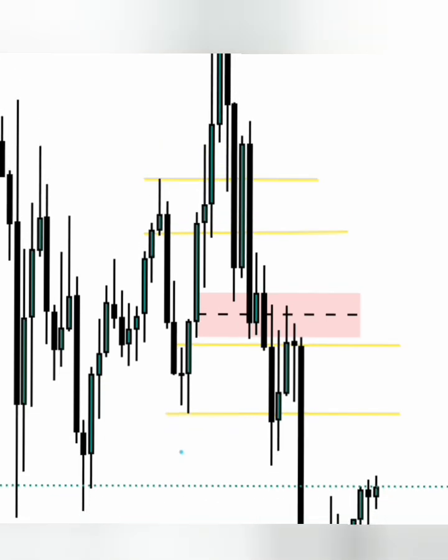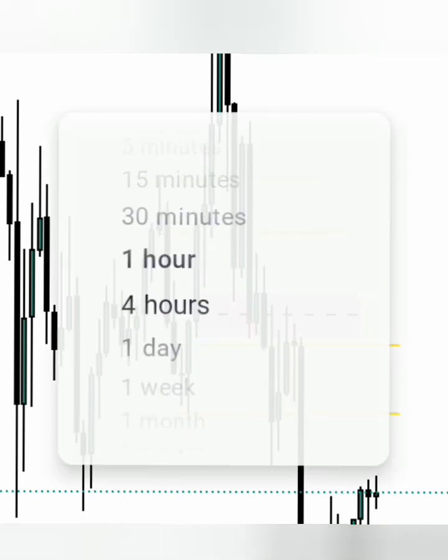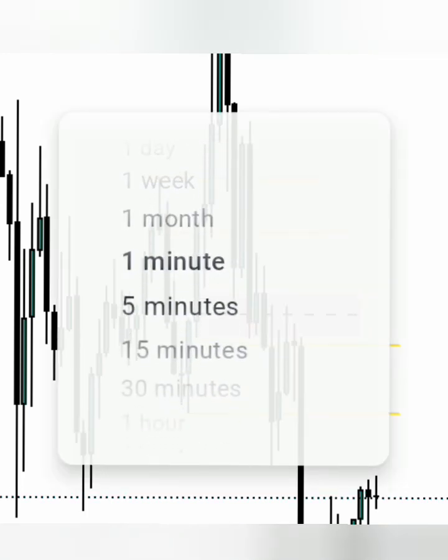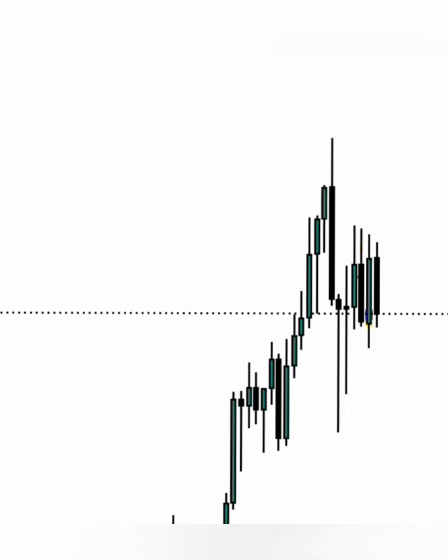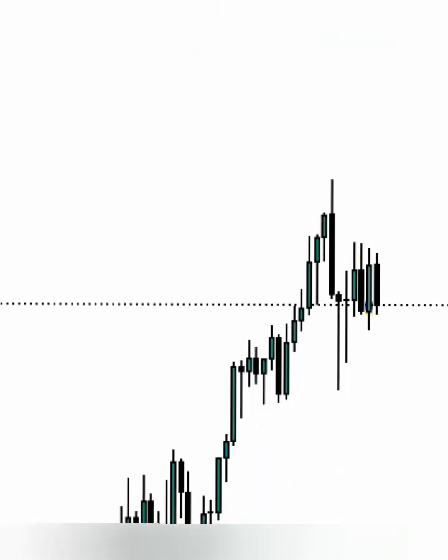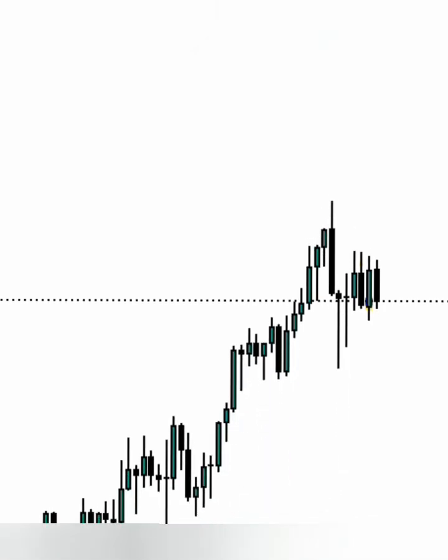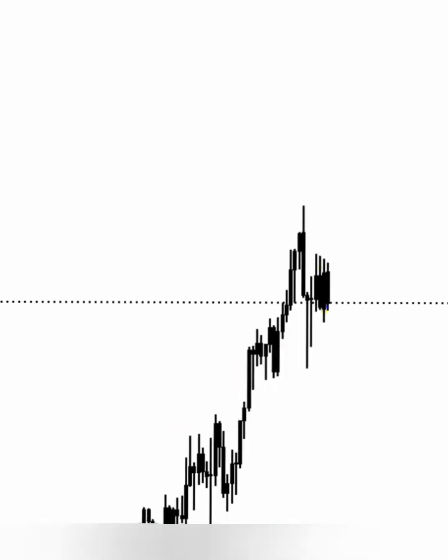All right, let's go back to what is top-down analysis. By the way, let's start from 1 month. Now, top-down analysis is actually studying the market from a higher time frame down to a lower time frame.